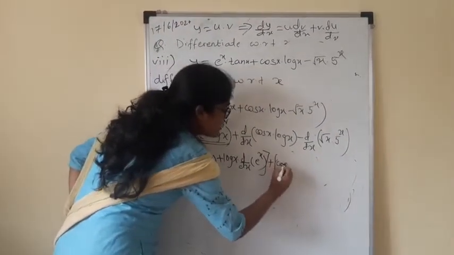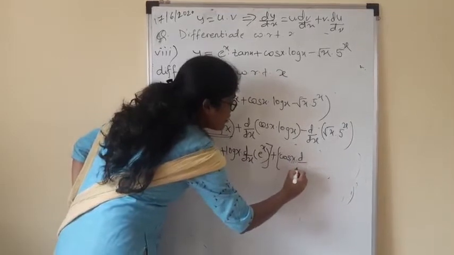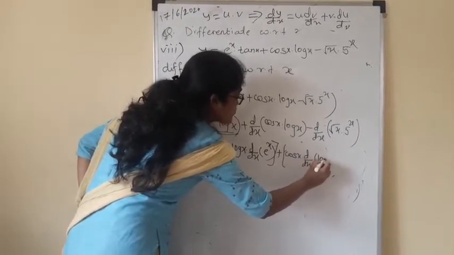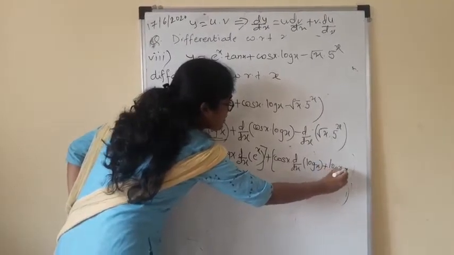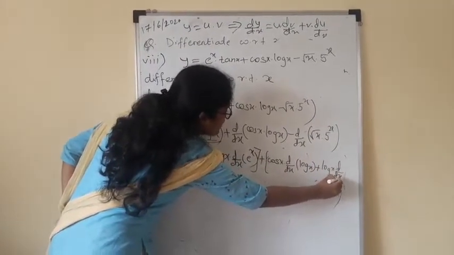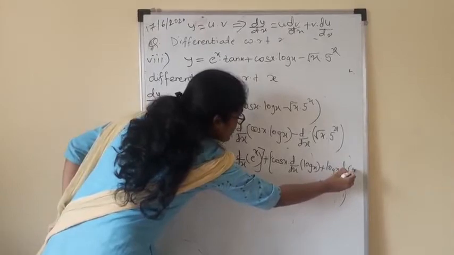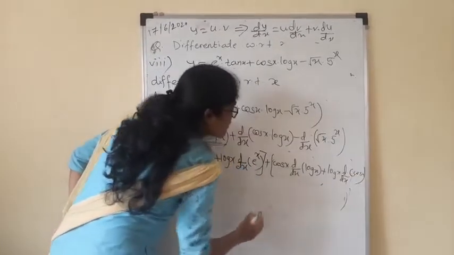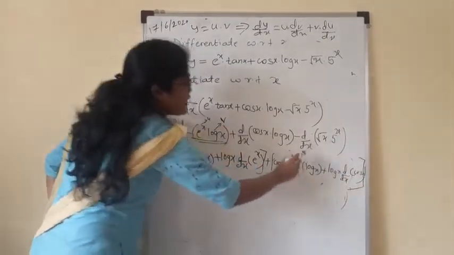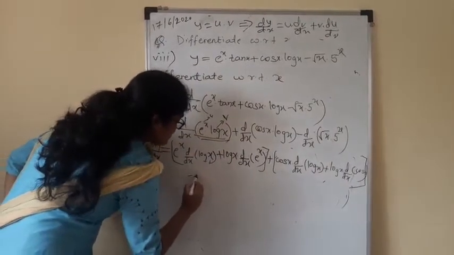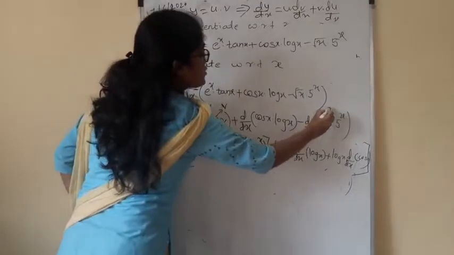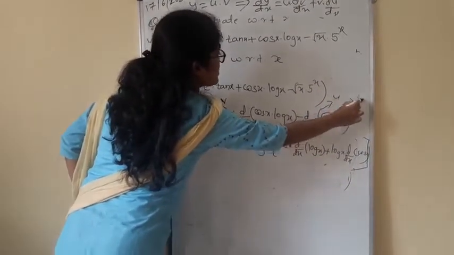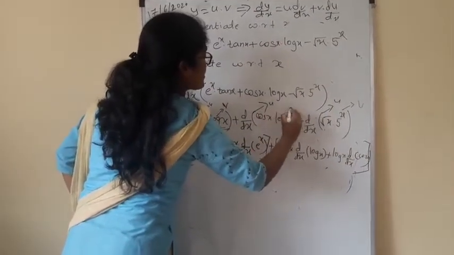Cos x as it is, derivative of log x, plus log x as it is, derivative of cos x. Now minus, here root x as it is, because here u is this and here v is this.